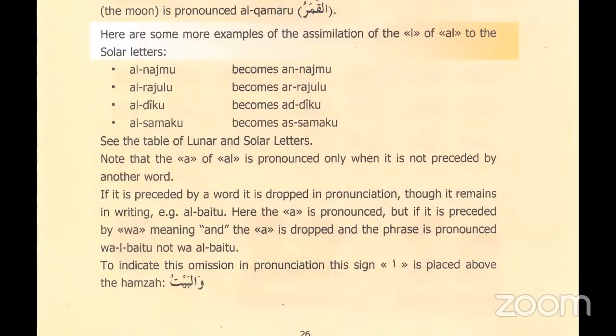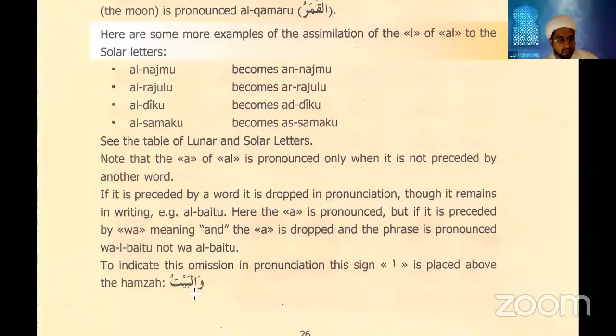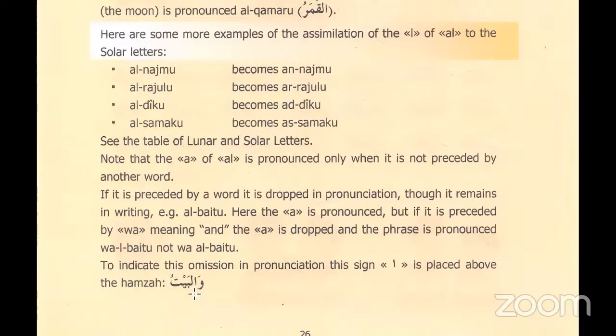Here the A is pronounced, but if it is preceded by wa, meaning and, the A is dropped and the phrase is pronounced wal-baytu, not wa al-baytu. To indicate this omission in pronunciation, this sign is placed above the hamza.